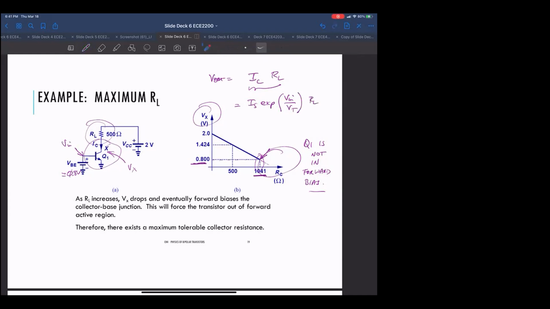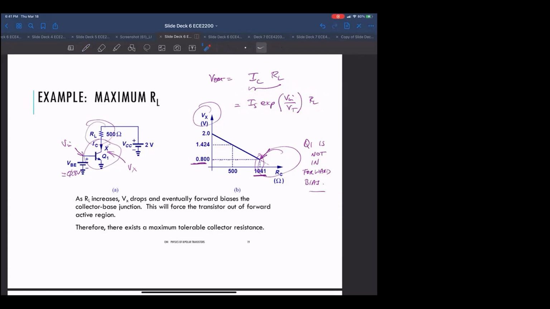So let's say I have a certain input voltage. So this current is defined. And I want to keep increasing my gain. I could try to do it by increasing R sub L, which is the other piece of the gain. But if I keep increasing that, at some point I'll no longer be in reverse bias.